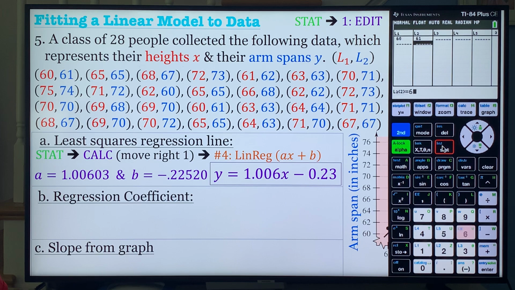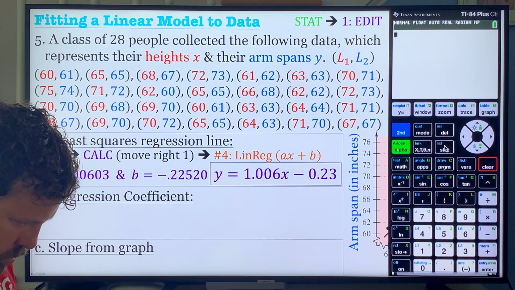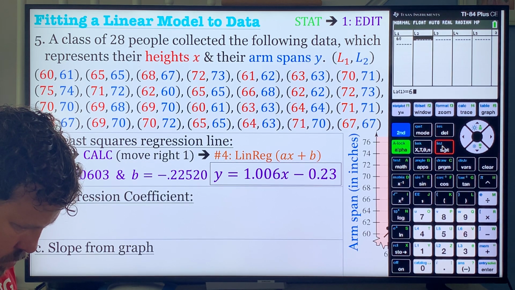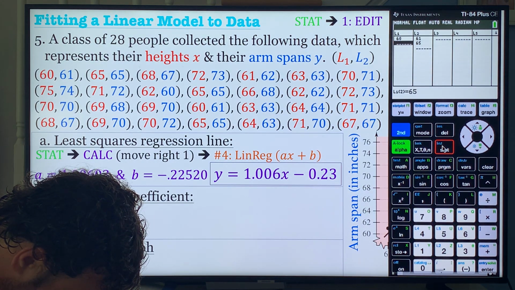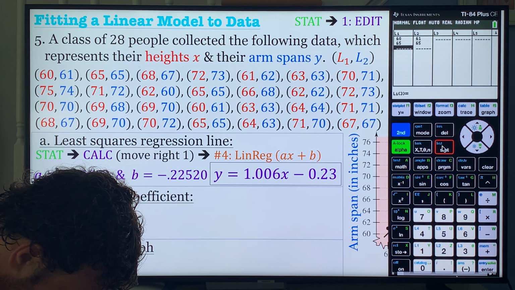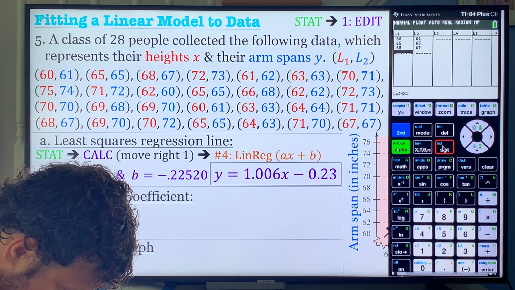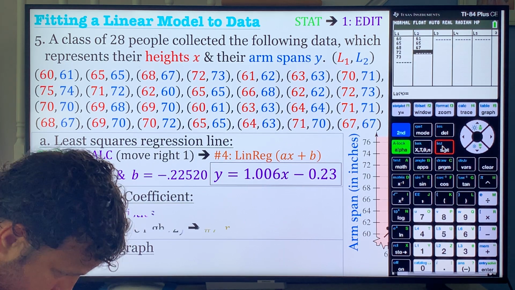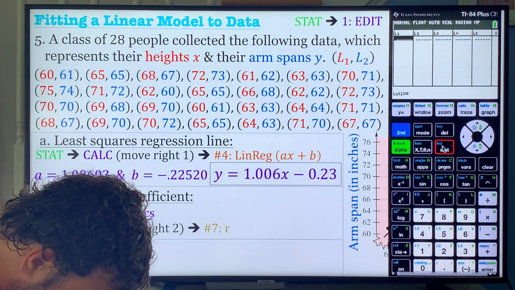All right, now the regression coefficient. Should be able to drag this guy right here.